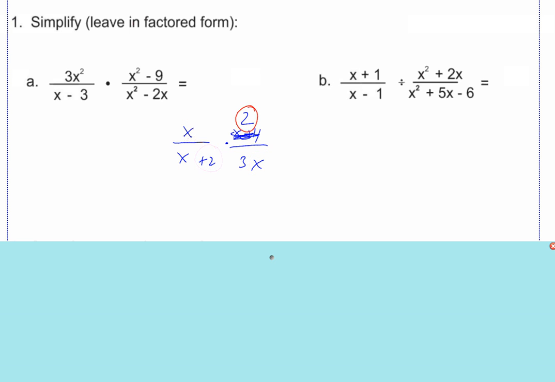In what I see students doing is crossing out all kinds of stuff that they can't cross out. So for example, you can't take this x squared and cross off one of them because of that x on the bottom. Because again, that x is tied into that negative 3. Right? Just don't do that, because if you do that, you're going to be in a mess.